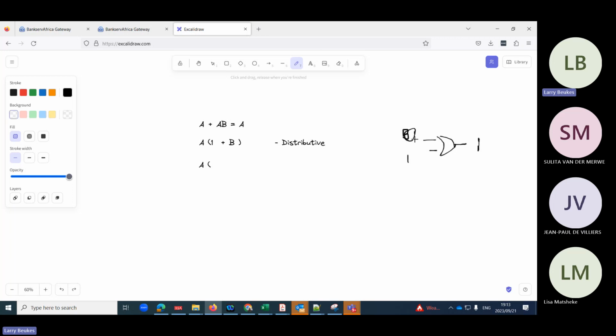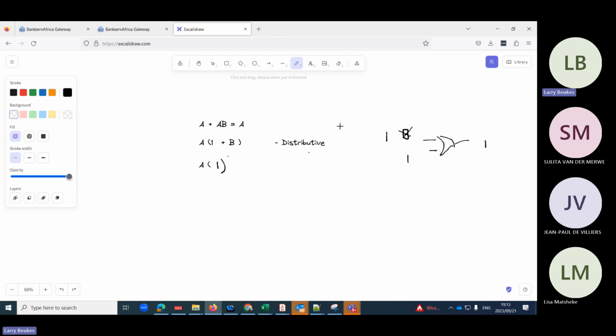If it's 0 here, the output will be 1 in an OR gate, right? Then we remove the 0. Let's just scratch it out like this, and then we put a 1. 1, 1, it will be a 1. So you see, it means 1 plus b is a 1.